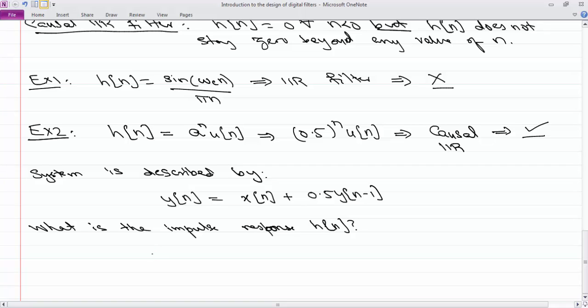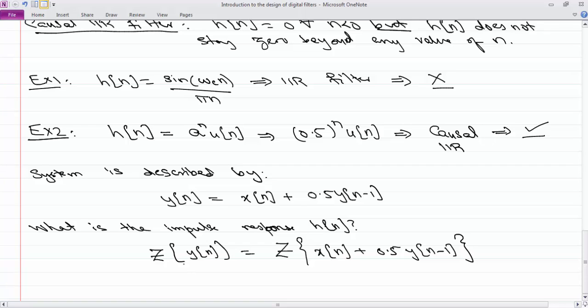So we take the Z transform of the left-hand side, that's y[n], and we take the Z transform of the right-hand side, and then we use the properties of the Z transform. So let's call the Z transform of the sequence y[n] as Y(z), and the Z transform of the sequence x[n] as X(z). So the Z transform of y[n] is simply Y(z).